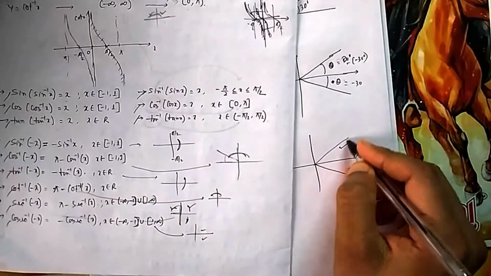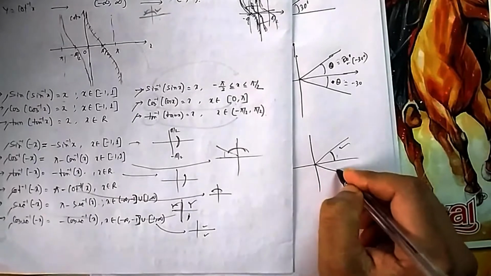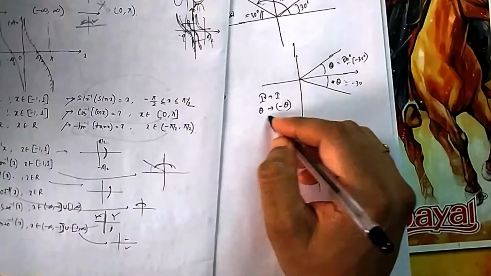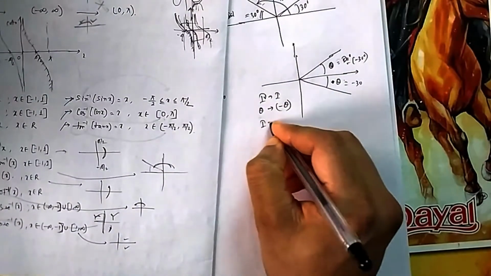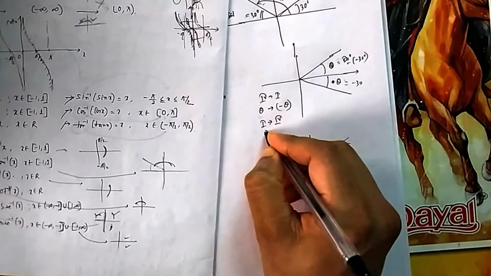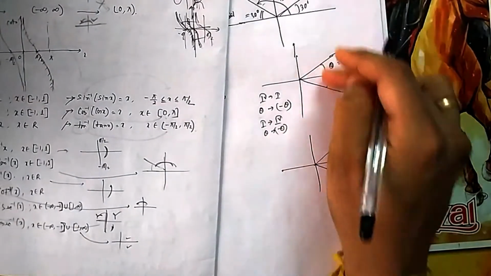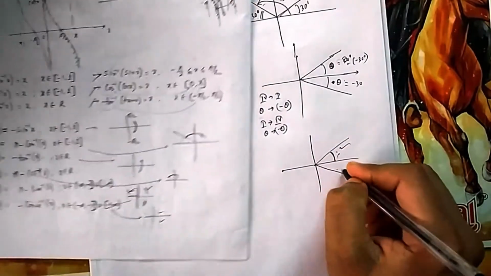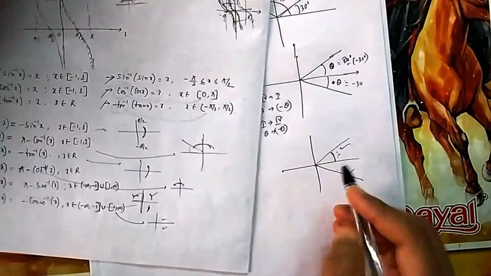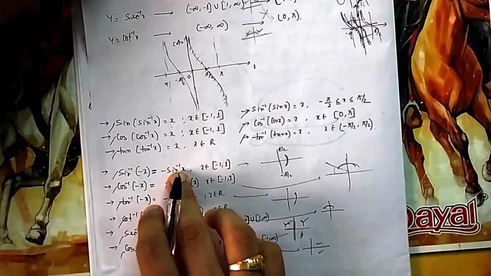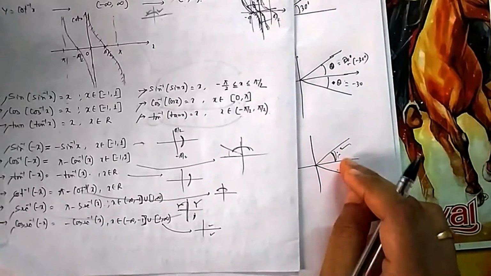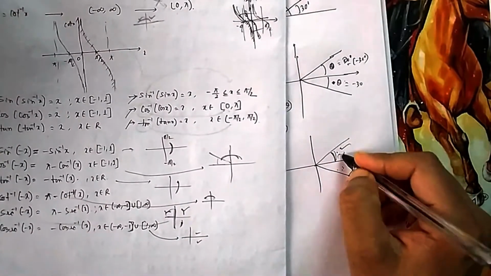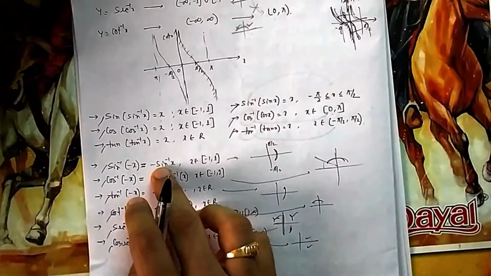So if you want to come from this angle to this angle, you go from theta to minus theta, moving from this quadrant to this quadrant. That's why the minus sign is coming. Sine of minus x is this angle, and you want to write it in terms of sine inverse x, which is here, in positive values. So moving from this angle to here will be minus.